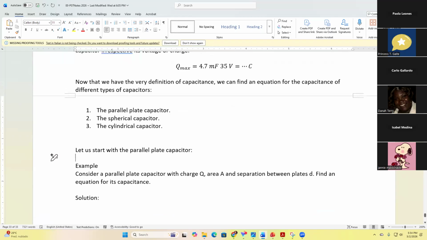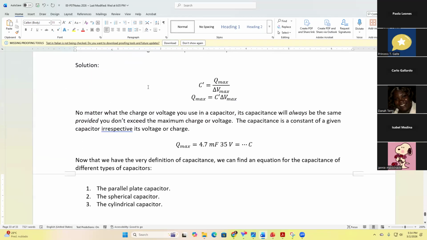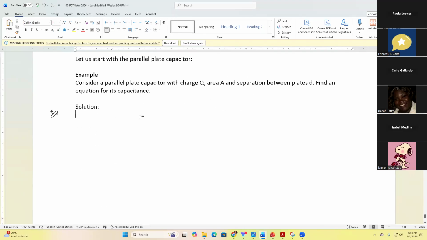So we go ahead and use the definition of capacitance that's here. It is the amount of charge, which doesn't have to be the maximum amount of charge, divided by the electric potential difference.